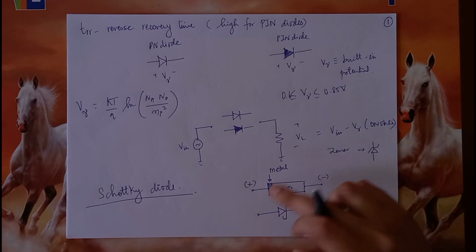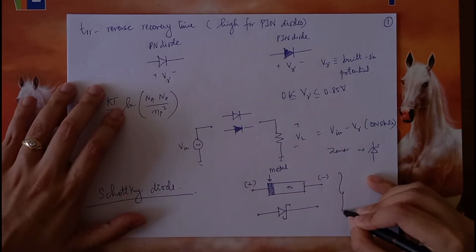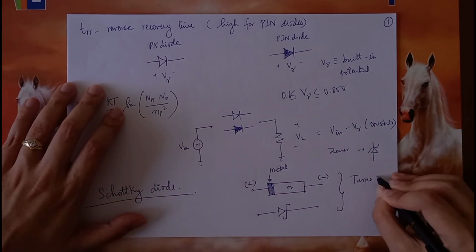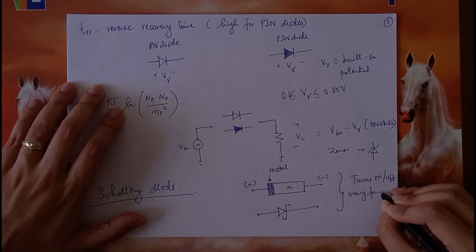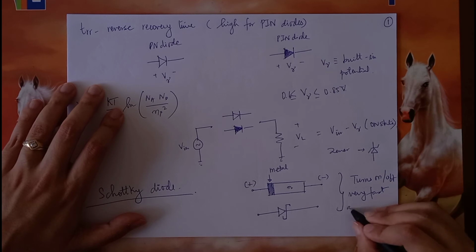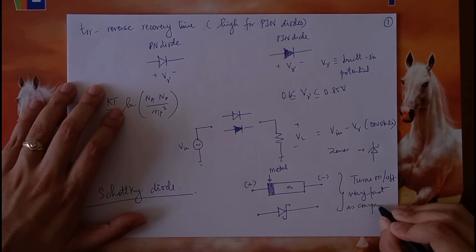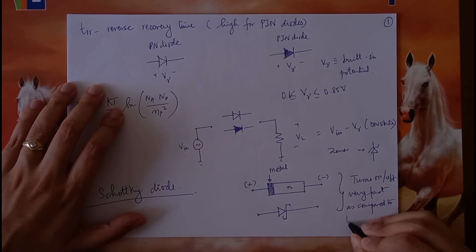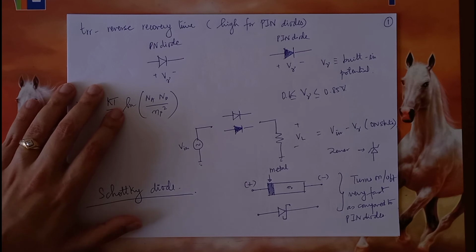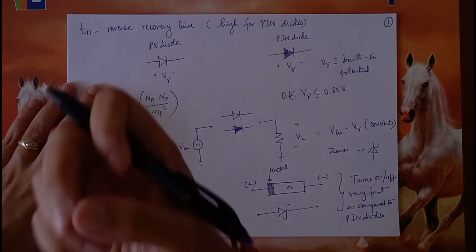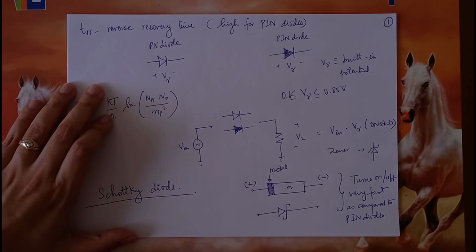So therefore, this can turn on and off very fast as compared to either the PN diode or the PIN diode, because the depletion region is very, very small.